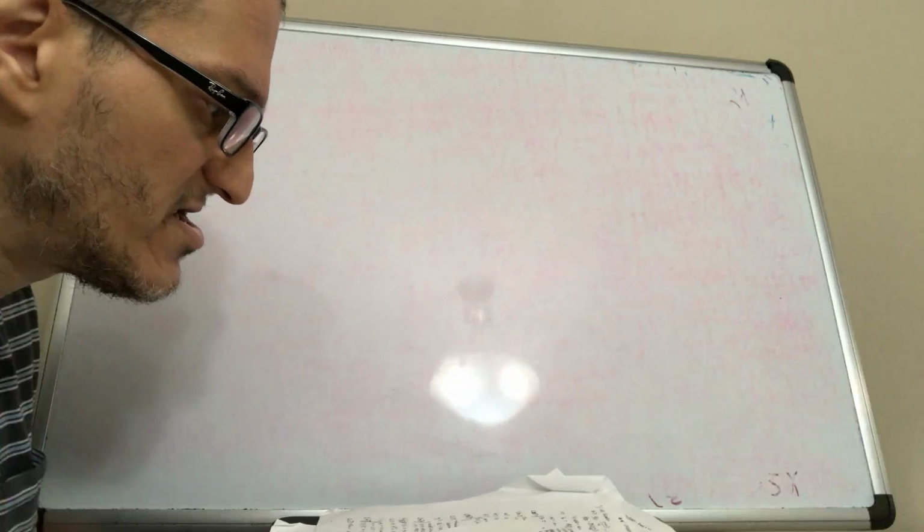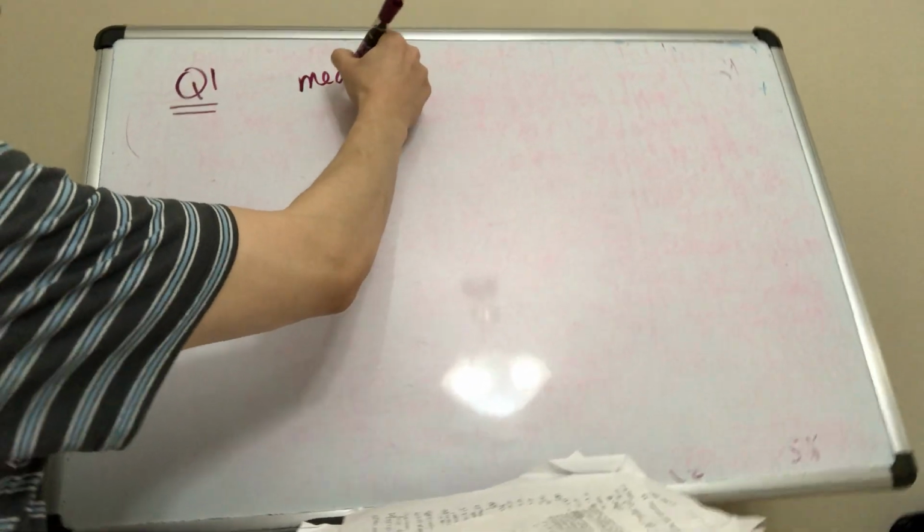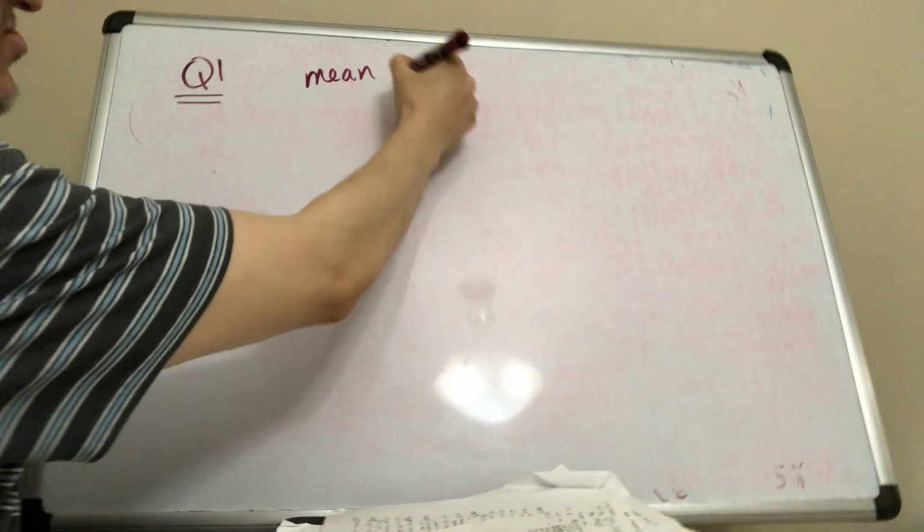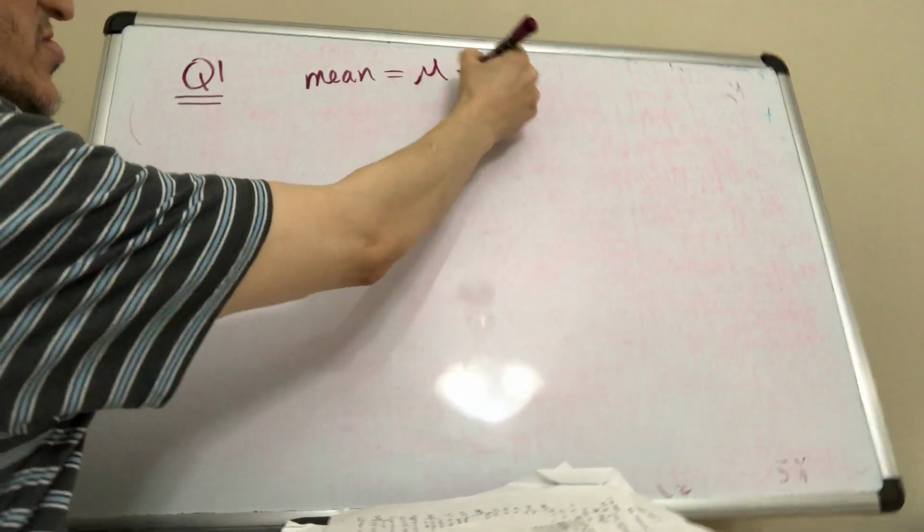Okay, question number 1 in the midterm I sent you. It starts with: the diameter of golf balls must be standard. The diameter is approximately normal, with mean, and since they say approximately normal, we could say mu in this case.